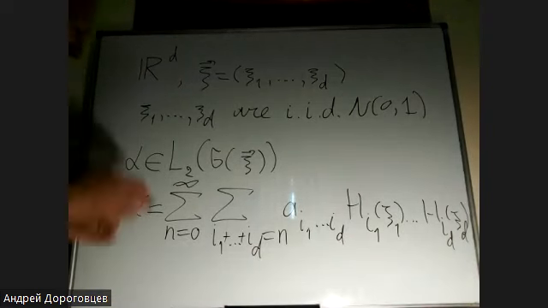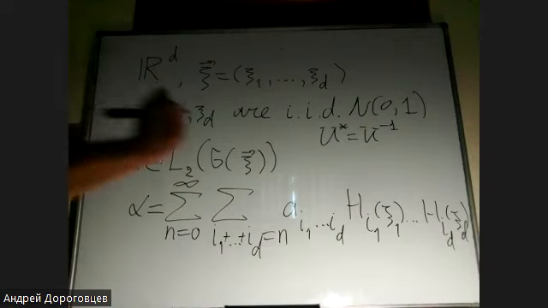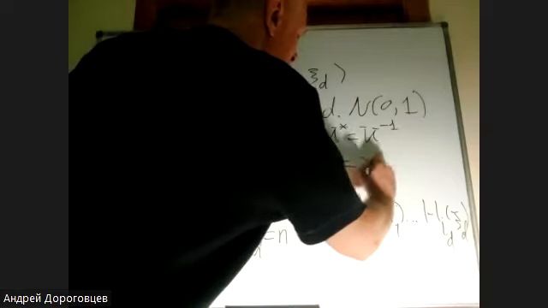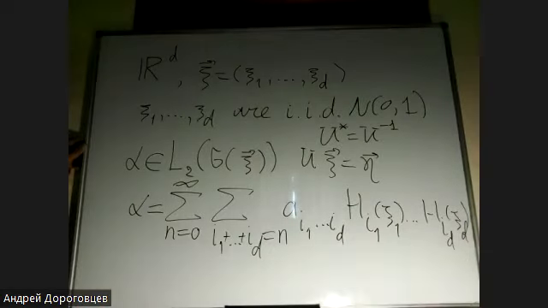Second is much more significant. Why? Because maybe you remember from the course of probability that if I apply a rotation, such a matrix U which has the property U^T equal to U^{-1}, then Uξ, this new vector η, is also a standard Gaussian vector.